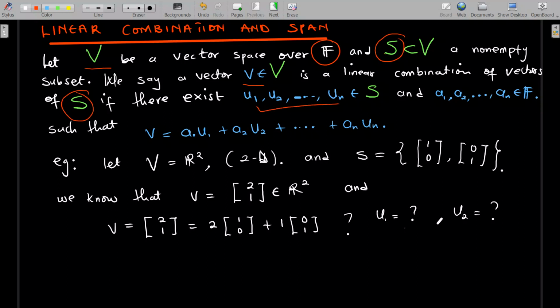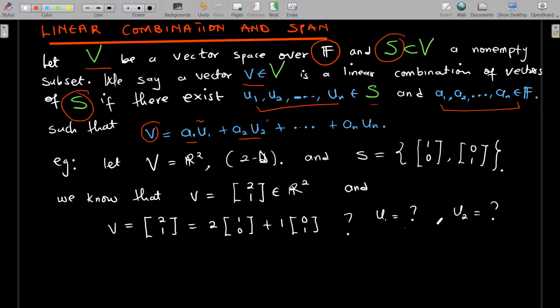I said first that S is not empty, so there are some vectors in there, and then some scalars, so that you can write that little v, which is in the capital V, as a sum of scalar multiples of the vectors in S. So you have some number times the first vector, u1 in S, plus some number times u2.